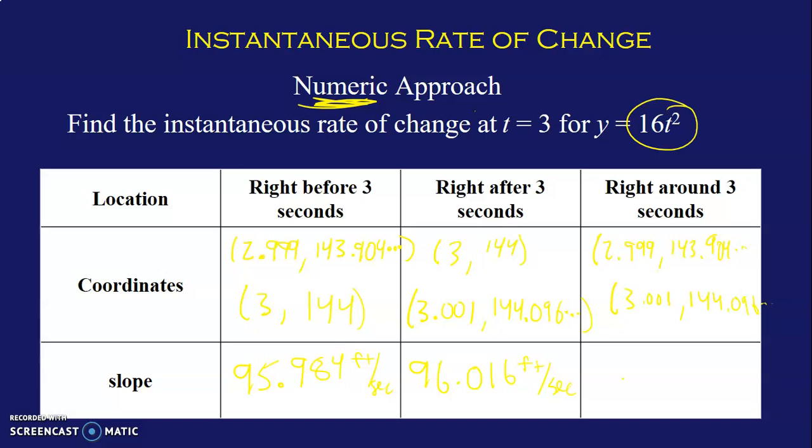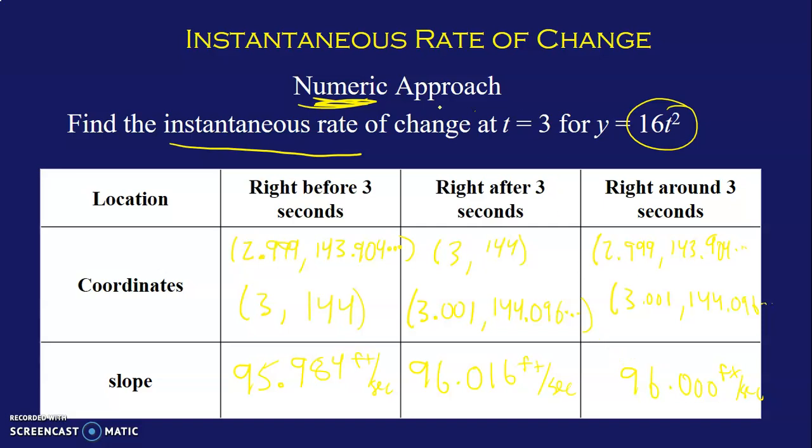And if I calculated the slope there, I would get 96.000 feet per second. These are all very, very close. So I have a pretty good idea that the exact instantaneous rate of change is going to be 96 feet per second. And we'll find that out algebraically in a second.